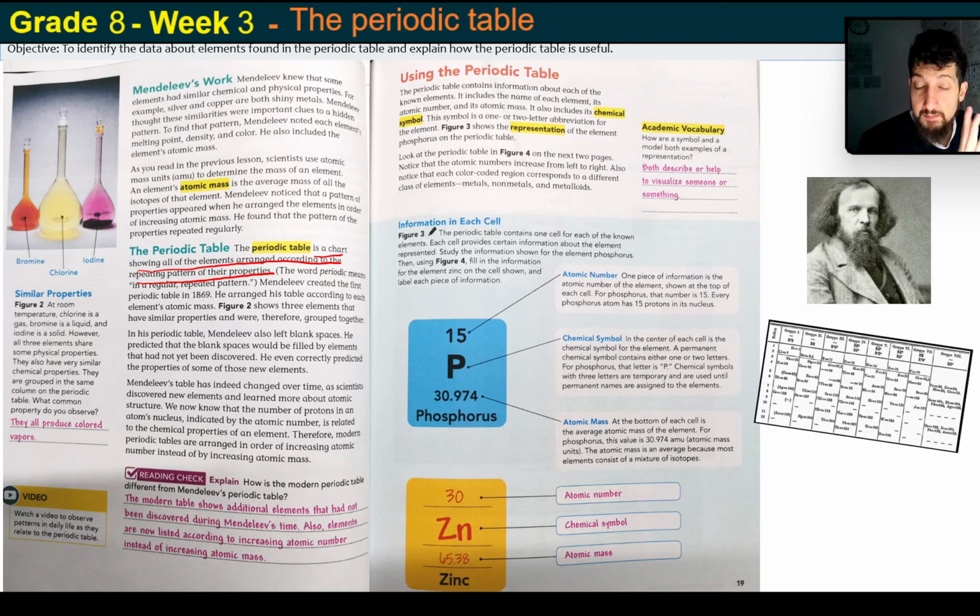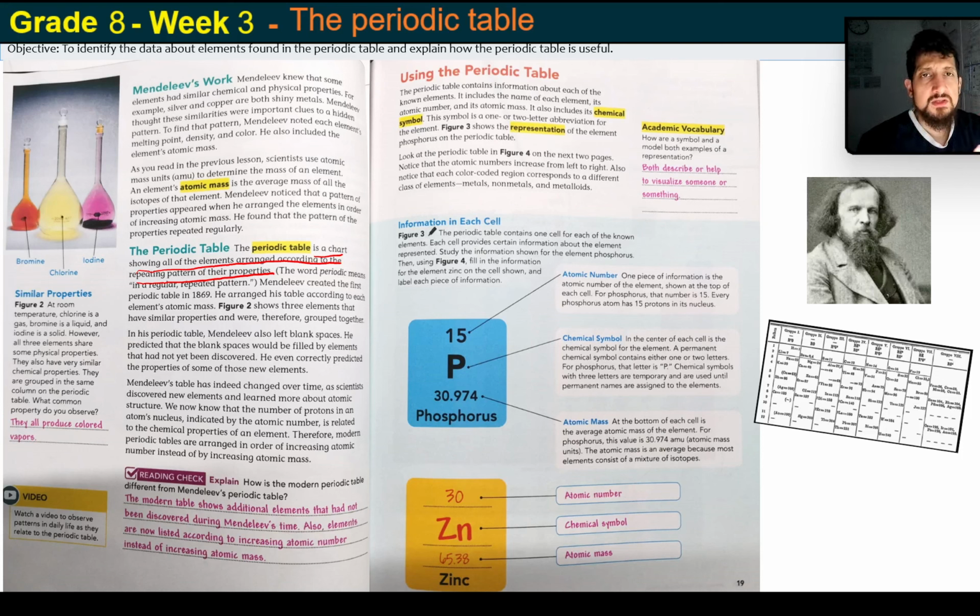Elements showed patterns. So what does that mean? It means that there were patterns in each group. Basically, whether it came to reactivity, or oxidation, or how they formed compounds, or whether they were stable or not, all of those things became apparent for certain elements. And so that's what he decided to do.